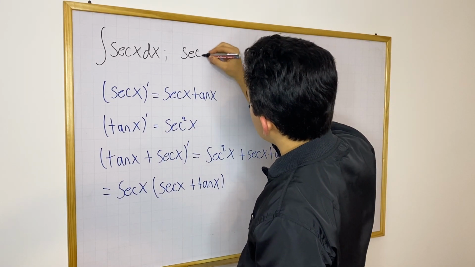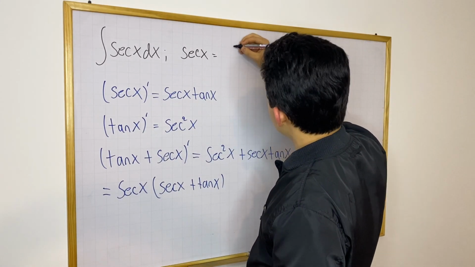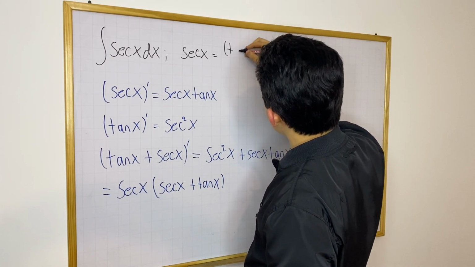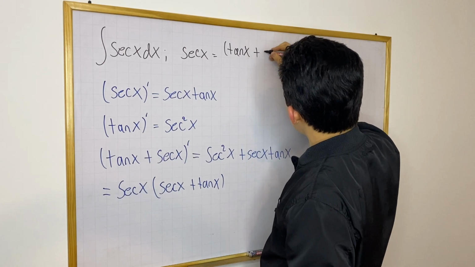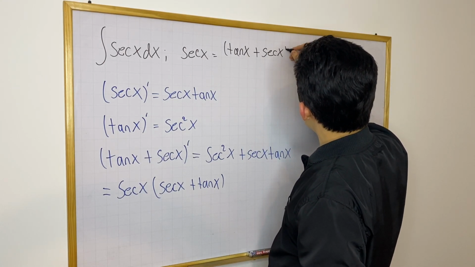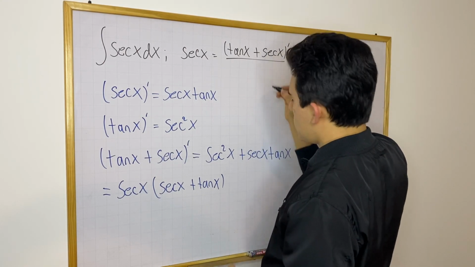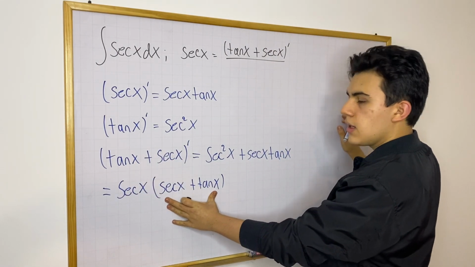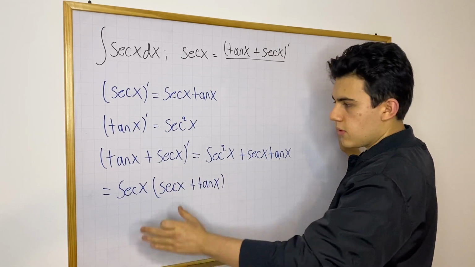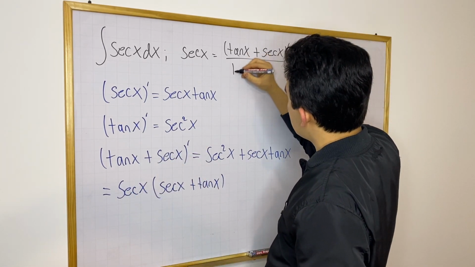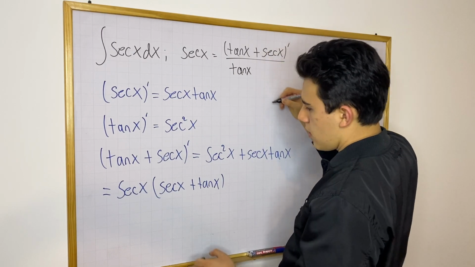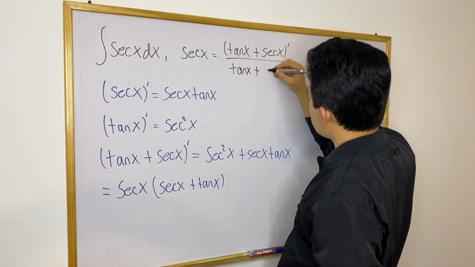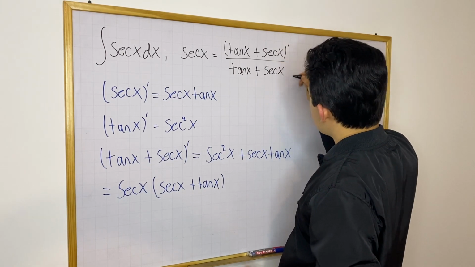Secant x is going to be equal to the derivative of tangent x plus secant x, divided by this term down here, which I am moving to the bottom of the right-hand side. Now I'm going to change the order and write tangent first just so that it looks nice: tangent x plus secant x.